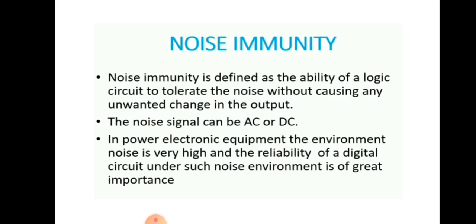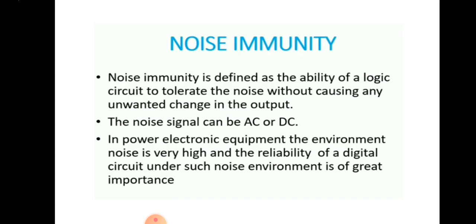The noise signal can be AC or DC. Depending upon the environment or the requirement, the noise may be AC or DC. In power electronic equipment, the environment noise is very high, and the reliability of a digital circuit under such a noise environment is of great importance.